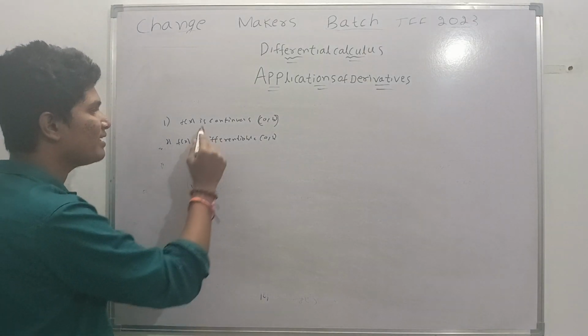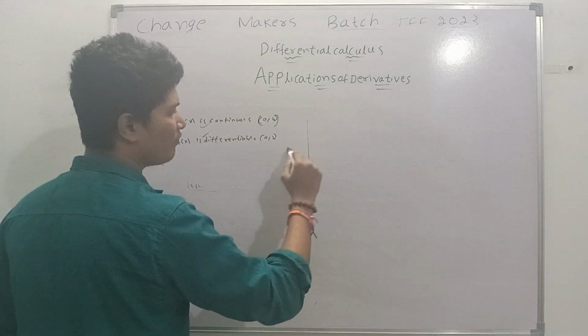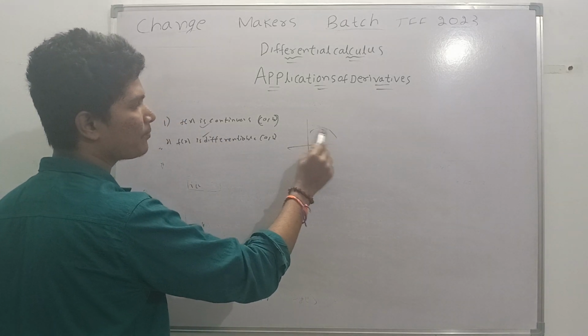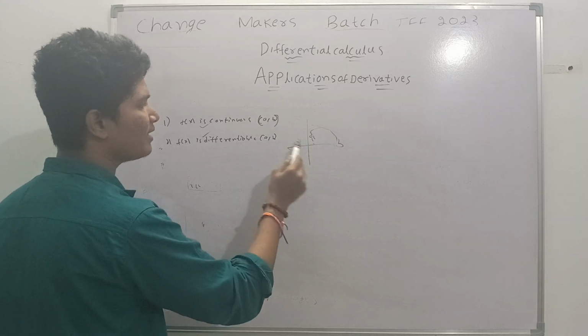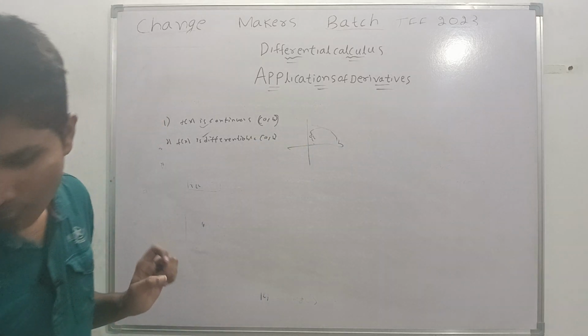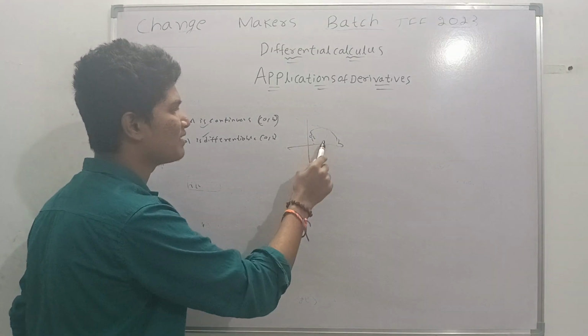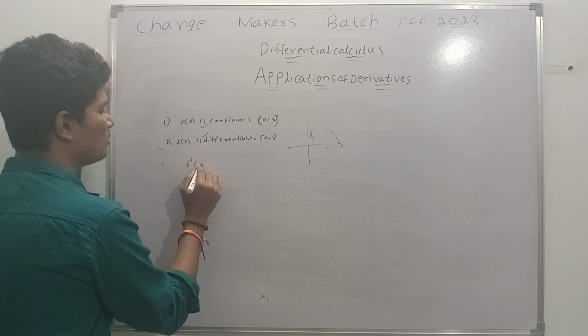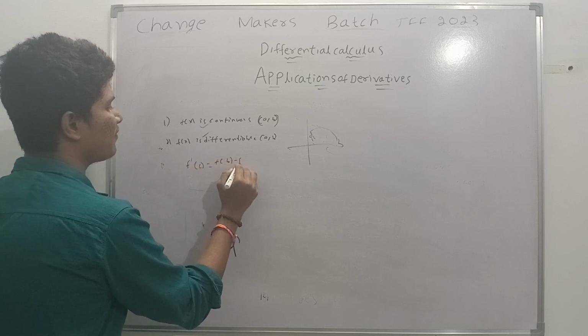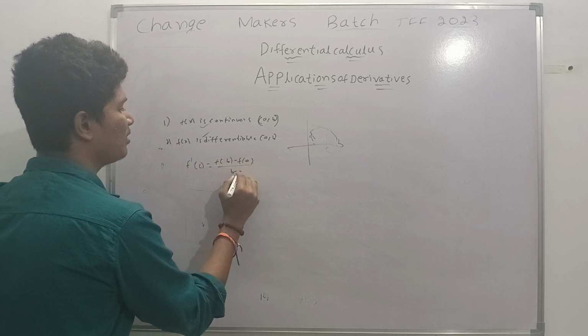Then they are saying there are two conditions only, and then there exists, suppose this is a, this is b, at least one c value such that f dash c equal to f of b minus f of a divided by b minus a.